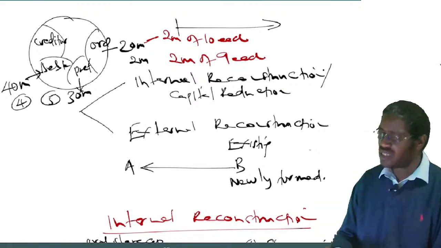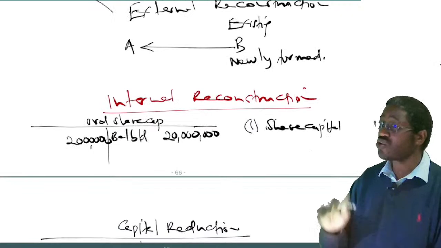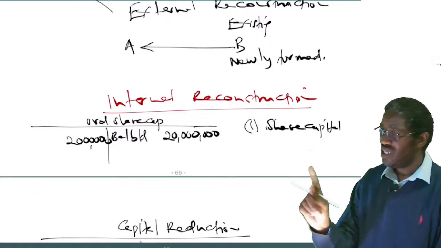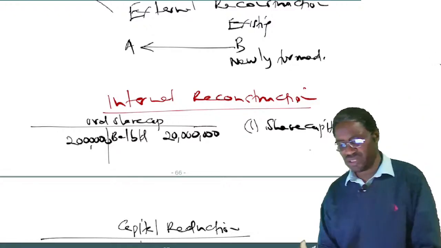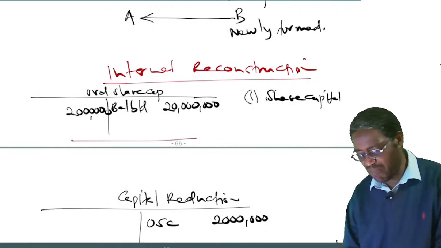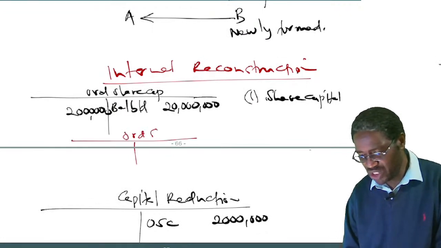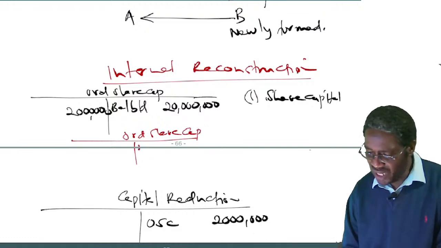So the stakeholders decided that they are going to cancel the old shares and replace them with new ones. If that is the case, how do you go about it? You will still go back to your ordinary share capital account, which we have seen has a balance brought down of 20 million.